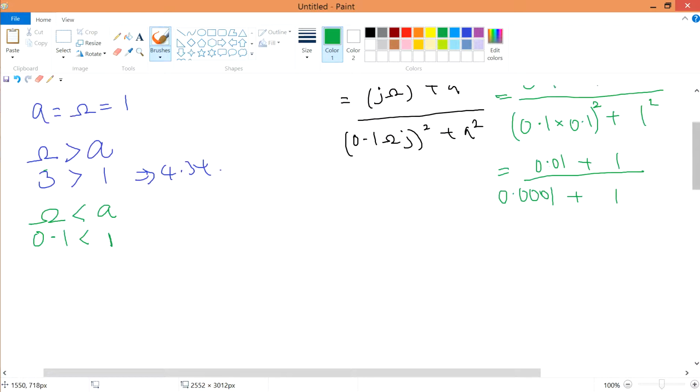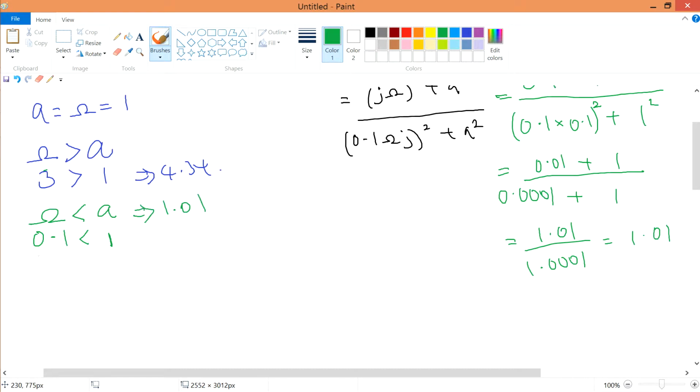If I add them together, I'll have 1.01 divided by 1.0001. Approximately 1.001, something like that. So 1.01. What can you deduce from this understanding?